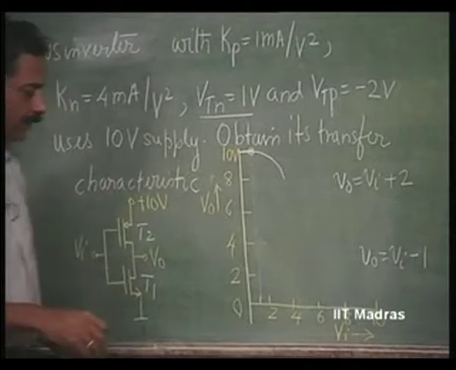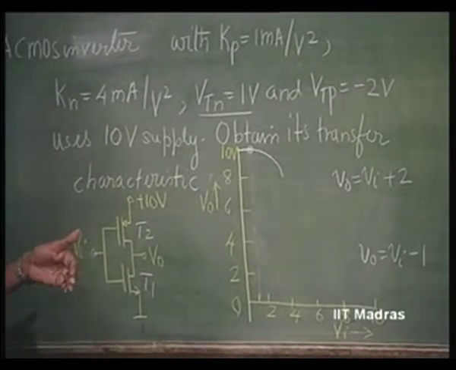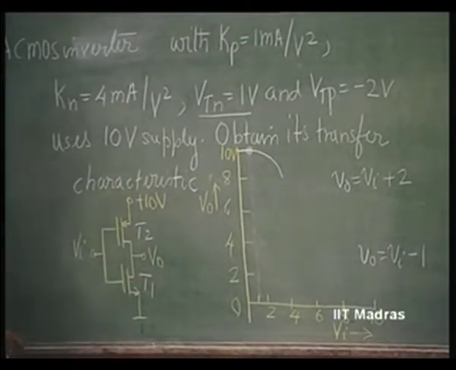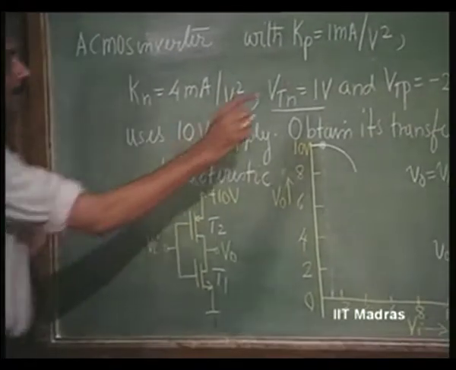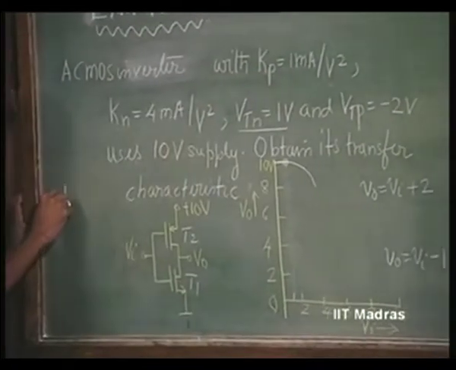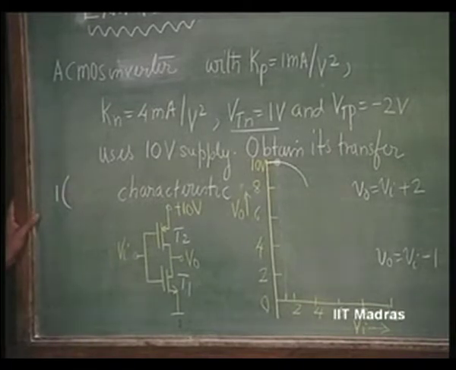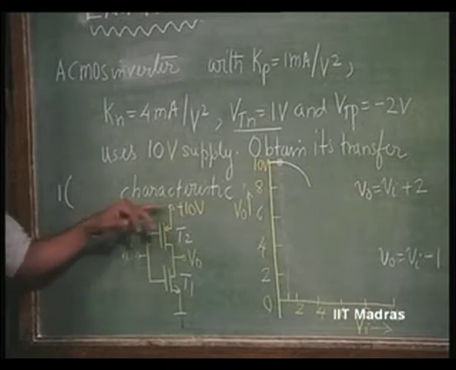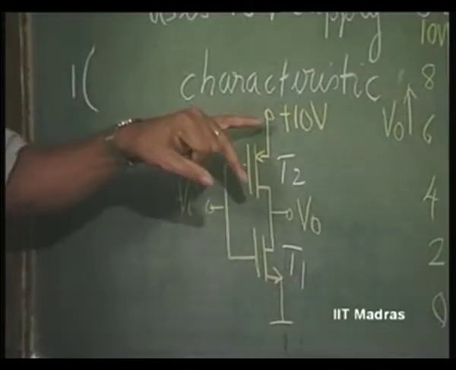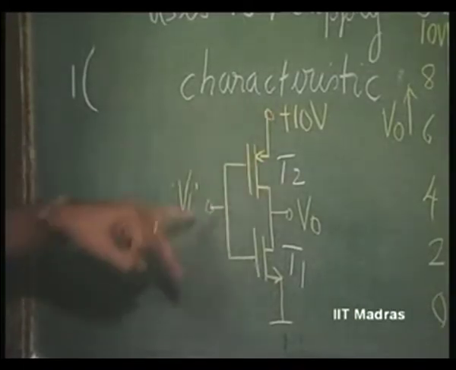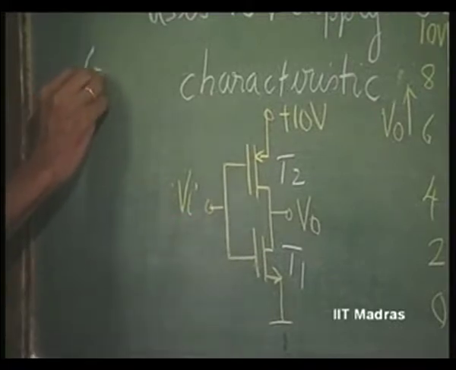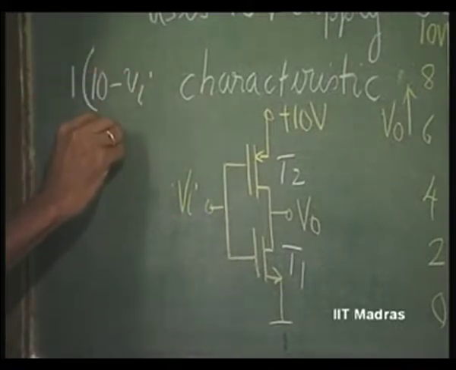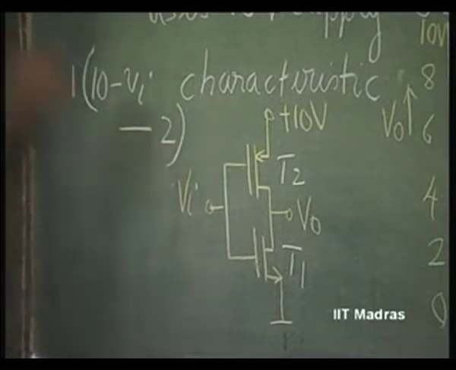Now, in between we have both transistors in current saturation region. Therefore, we have Kp which is 1 into, now this is important, Vgs minus Vt, which we are going to always refer as Vsg. So, 10 minus Vi minus 2 volts.